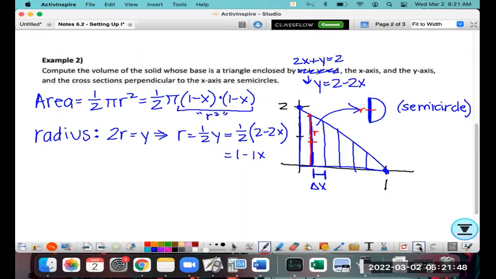Okay. And just like I did last time, I'm going to simplify this area formula while I'm writing my integrand. All right, so that becomes a pi over 2. Does that seem right?